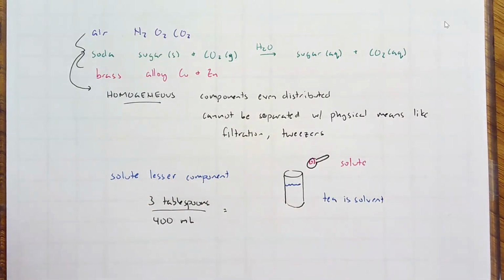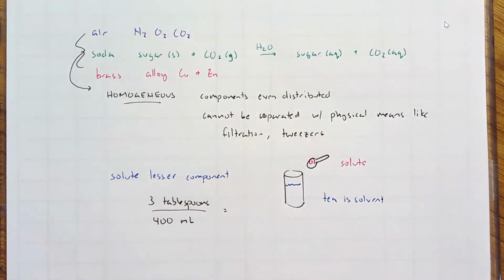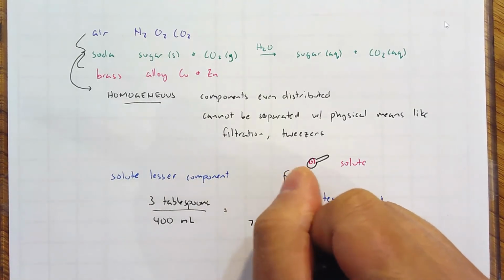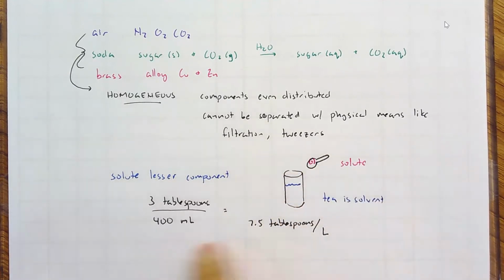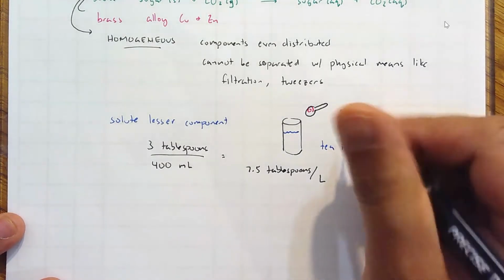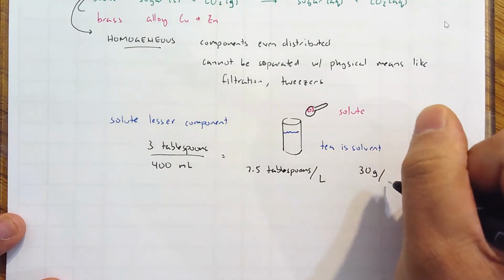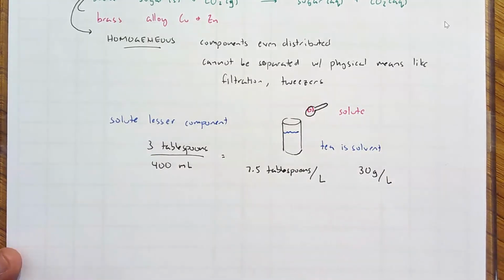So 3 divided by 0.4 liters. So that's 7.5 tablespoons per liter. That's the concentration. But if we use more scientific units, you could think of it as maybe 30 grams per liter.